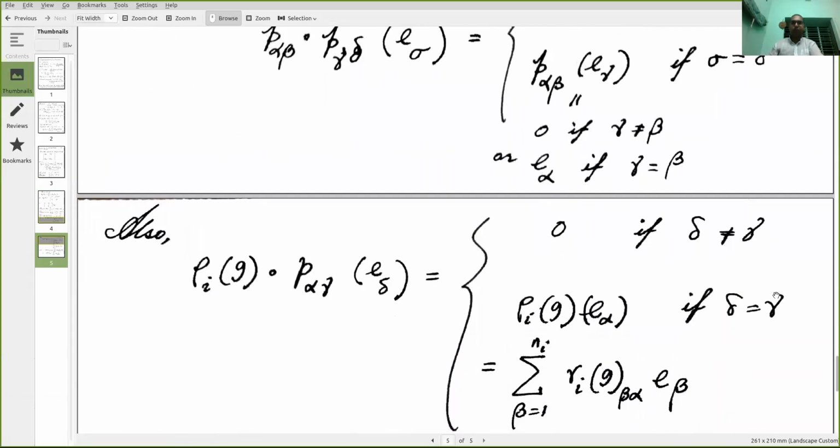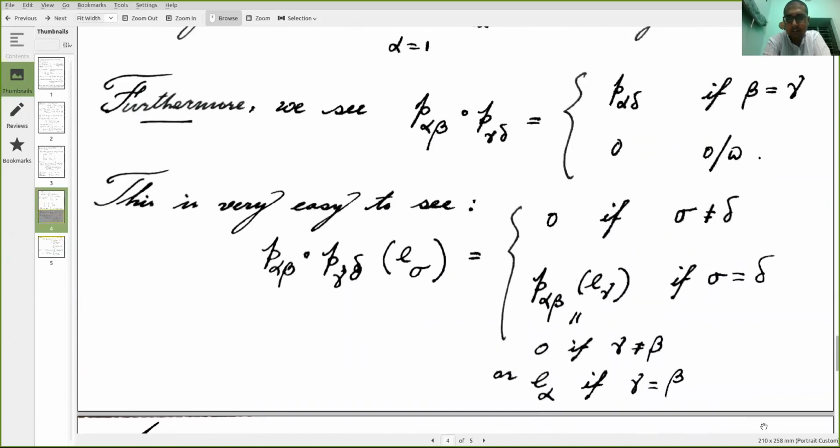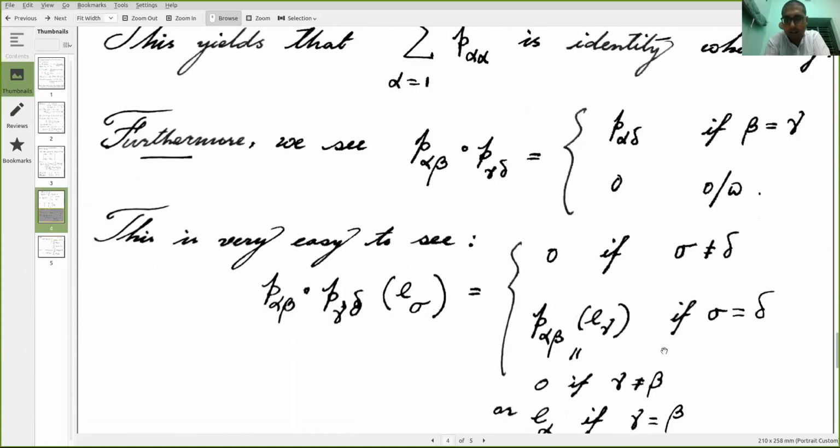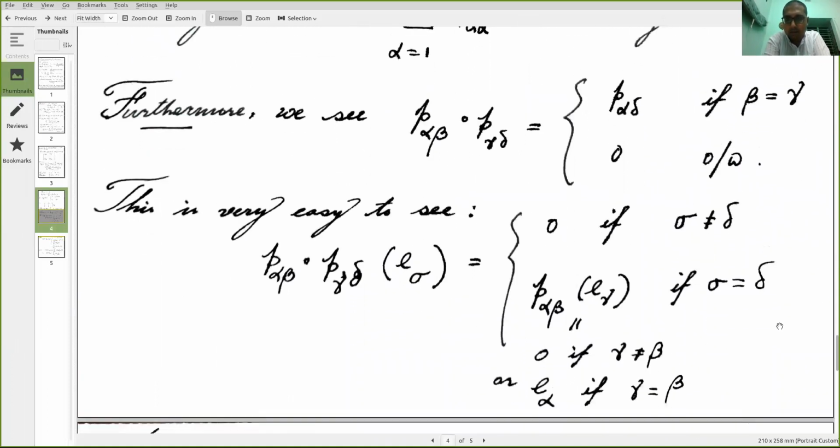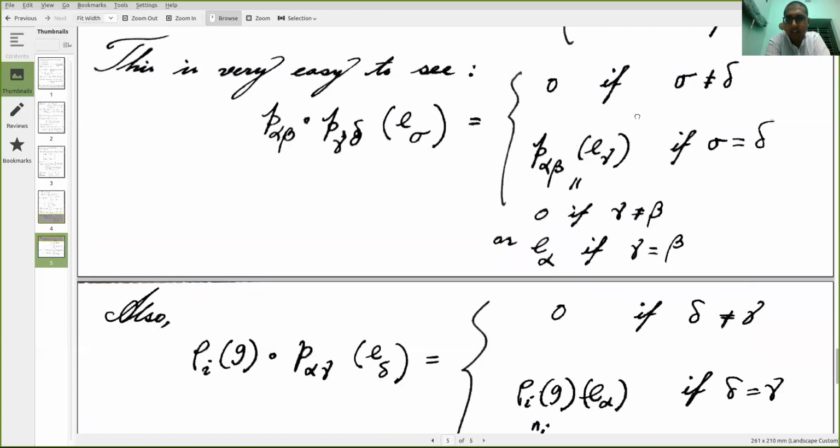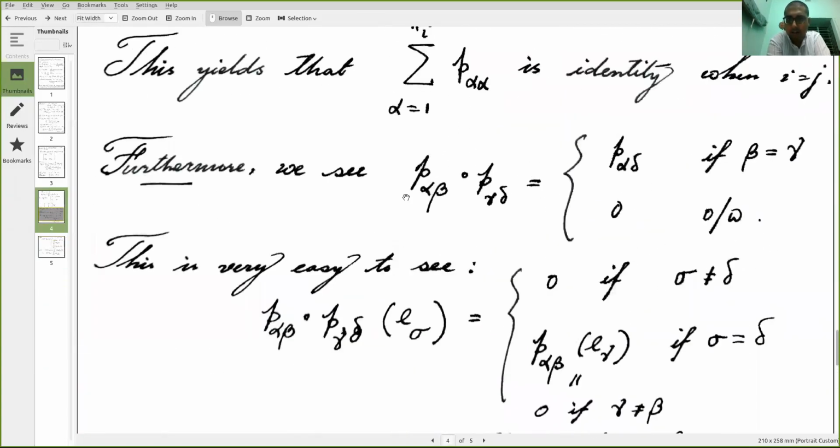So the upshot is the following: once gamma equals beta, then the image will be E alpha, which is the same as the image under this map. And otherwise it is 0. So that establishes this formula. Is it clear?